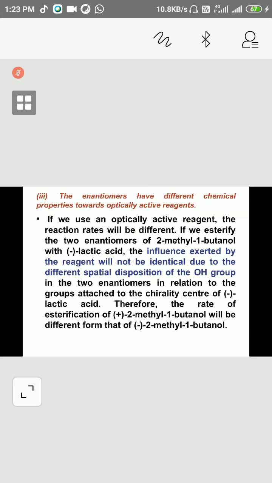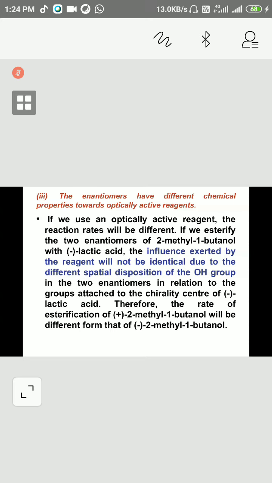But with optically active reagents, what is the response? The response will be different. If we react two enantiomers, for example lactic acid plus and minus, then the reagent will not behave identically with both, due to the different spatial disposition of the different groups in the two enantiomers in relation to the group attached to the chiral center.